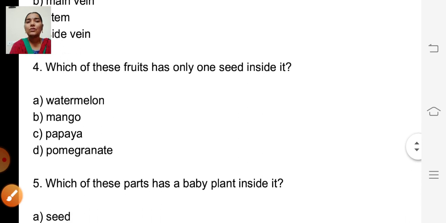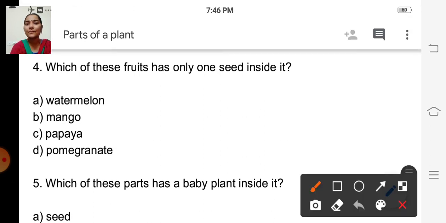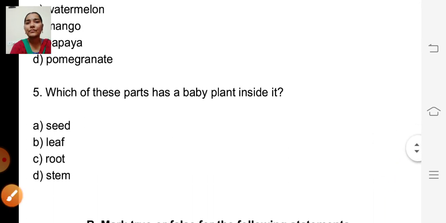Okay. Fourth question, which of these fruits has only one seed inside it? Options are watermelon, mango, papaya, pomegranate. So which one has only one seed? Mango. Okay.